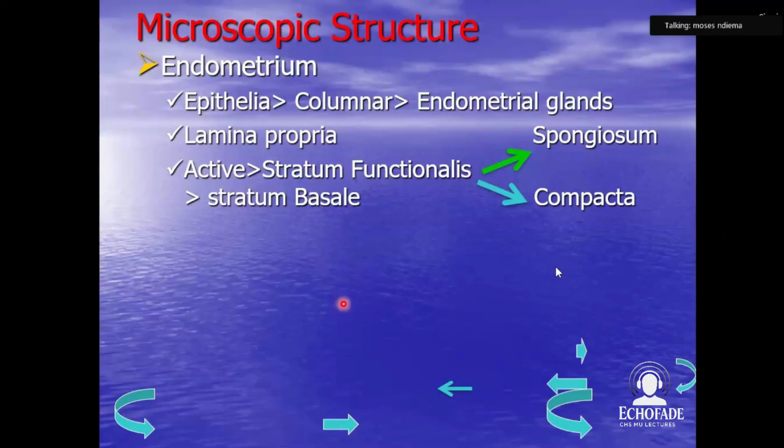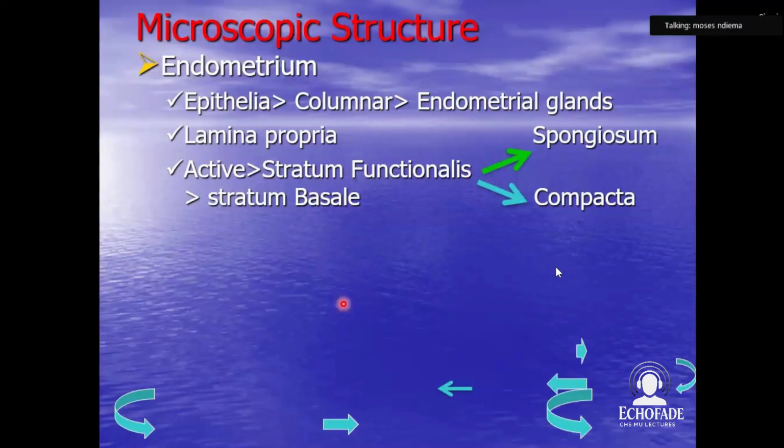During the endometrial cycle, we have the active stage where the endometrium is divided into two parts. The innermost part is the stratum functionalis, and that stratum functionalis is the part that is shed off during the menstrual cycle.